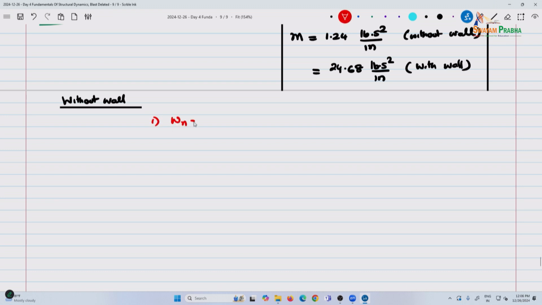Without wall, the natural frequency is square root of k by m, square root of 231.2 kips per inch divided by, I need to multiply the units, multiplied by 1000 divided by 1.24.